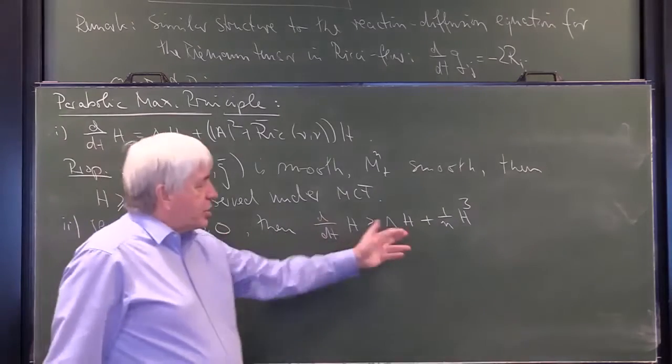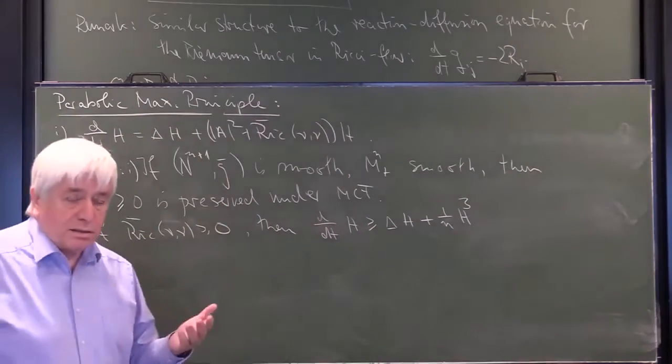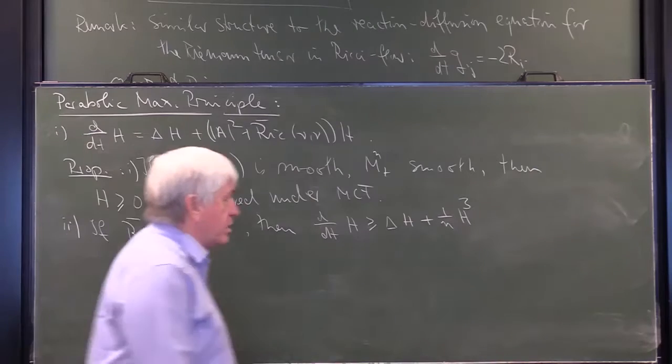So from this you get an actual estimate if the mean curvature happens to be strictly positive at time 0. Right?